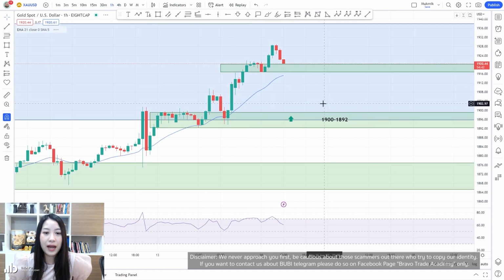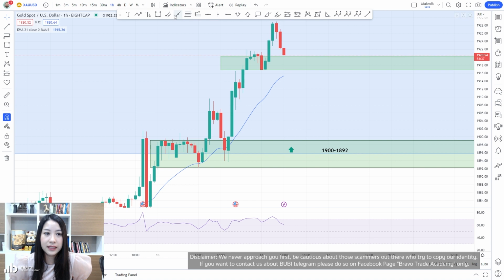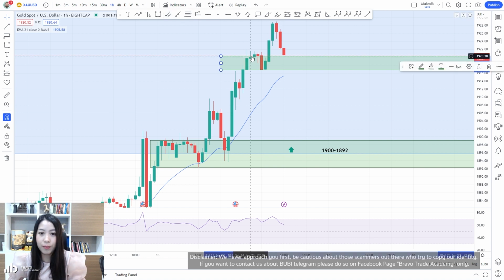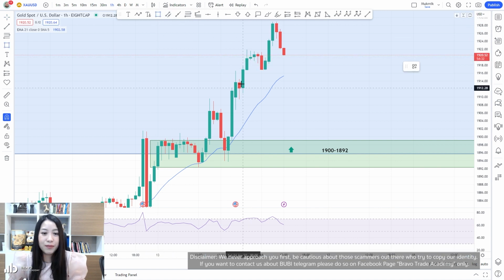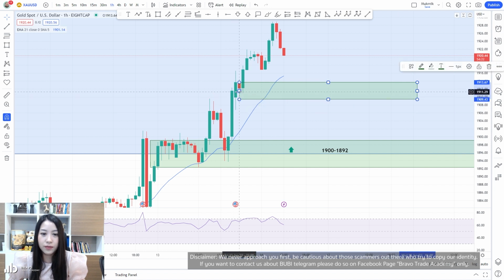What about the 1 hour time frame? In the 1 hour time frame, I would say this one might not be interesting, because as I said, it is a fast return thing going on. However, in the 1 hour time frame, we do have this zone. So let me put this zone first.